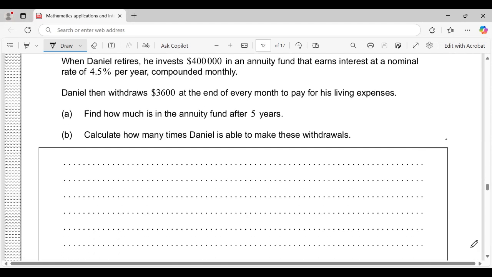We can use the future value of an annuity formula.